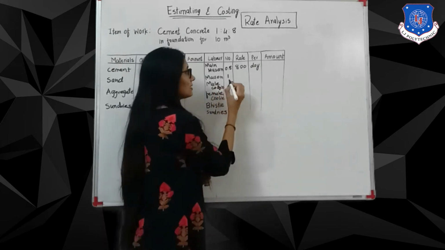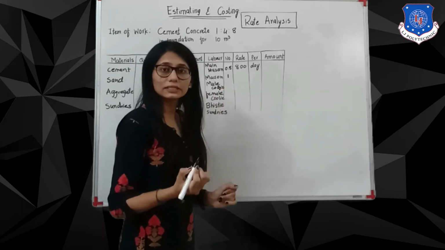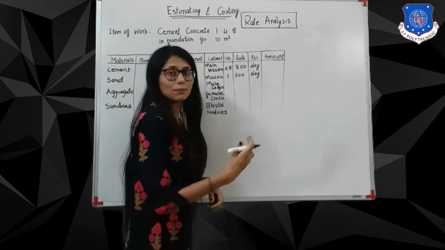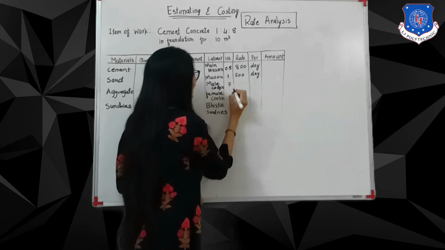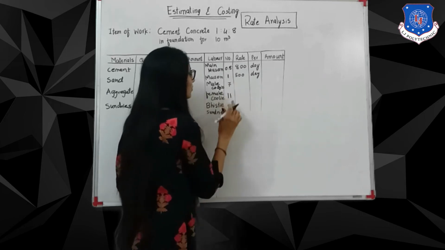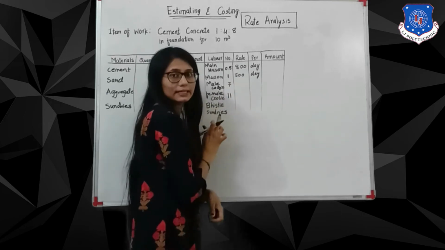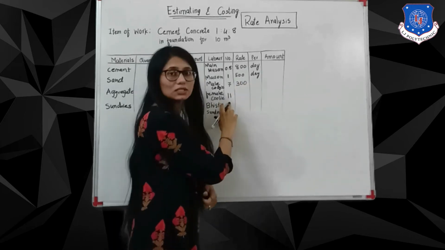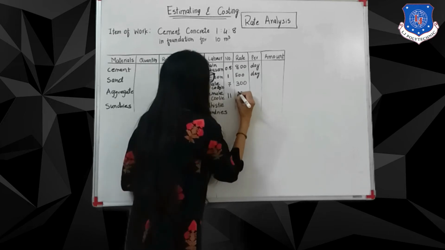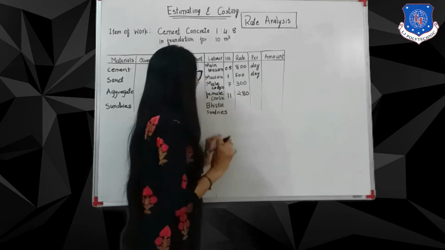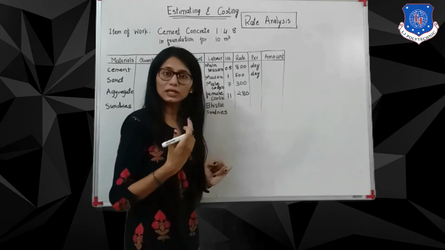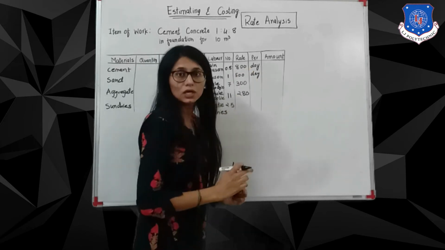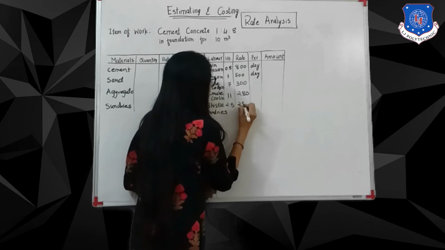Next we have the mason, who charges 500 rupees per day. We require 7 male coolies and 11 female coolies for this kind of work. The cost of one male coolie per day is 300 rupees and the female coolie is 280 rupees. Next we have bhisti, of whom we require 2.5 persons. The rate of one bhisti is 280 rupees.